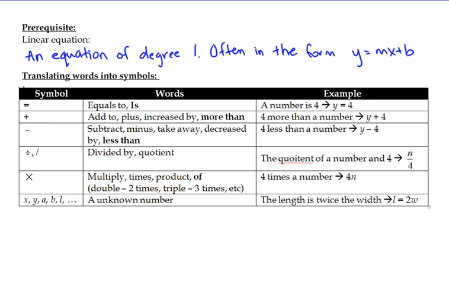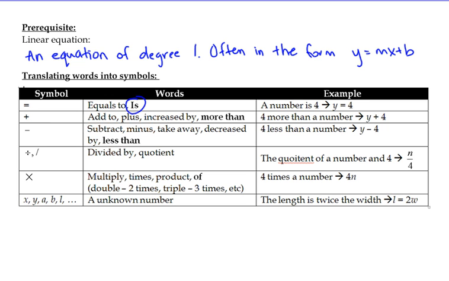I put in this table here because in this unit we're going to have to translate word problems into equations. And that's probably the toughest part of this entire unit. We'll get really good at solving them, and I'll talk about today what it means to solve a system. But one of the most challenging things is, of course, taking word problems and making equations. And with enough practice, we should get really good at it.